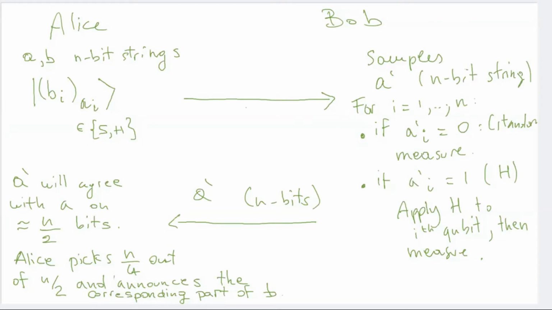This is what plus corresponds to. Now if she were to send this to Bob, and Bob picks the same basis as Alice, Bob is applying, remember, Hadamard, which means apply Hadamard and then measure.